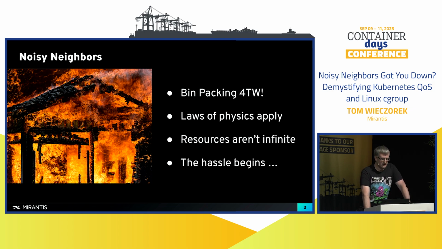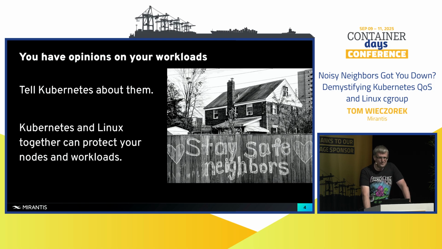And that's where Kubernetes comes into play with the quality of service settings. There we define our resource requests and resource limits and so on. With them, we tell Kubernetes about our workloads, about our opinions on how to handle things. And together with the Linux kernel, Kubernetes can actually enforce that and put the right guardrails in place to make the system operate under understandable parameters, even when it's getting hot, right?